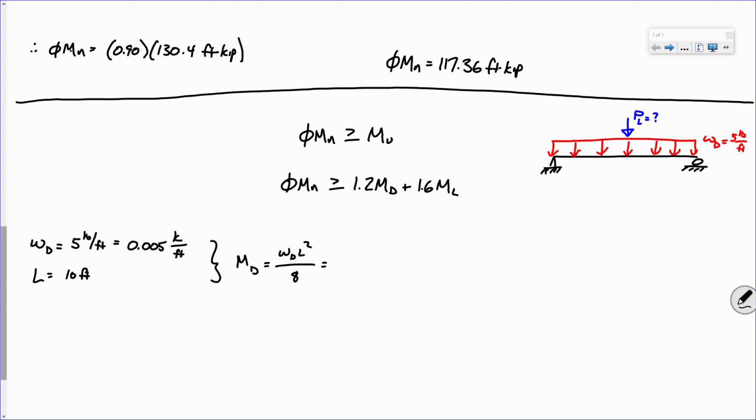All right. So what do we have? We have 0.005 kips per foot times 10 feet squared over 8. And yet, this is going to be a very negligible moment. It was just trying to get you all into the groove of things, making you think about all this.